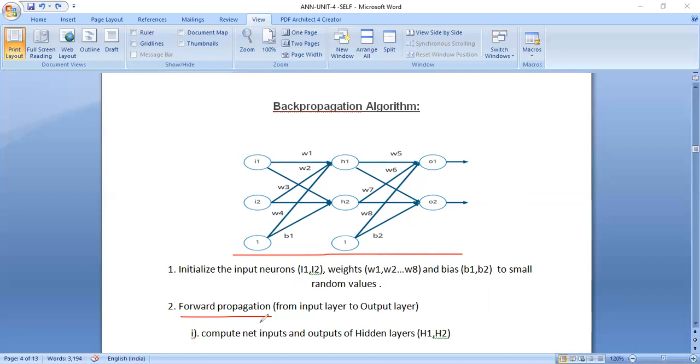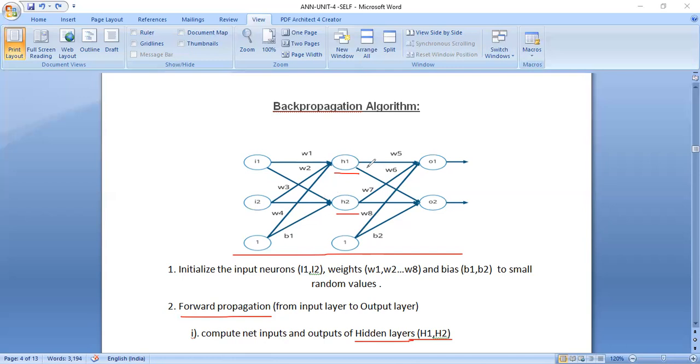In this forward propagation, again we have steps. Under step 1, compute the net input and net outputs of the hidden layer. How many nodes are there in the hidden layer? Two nodes, H1 and H2. First of all, you need to calculate the net input of H1 and the output of H1.